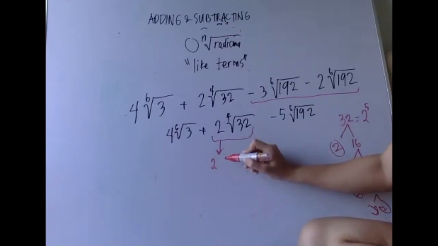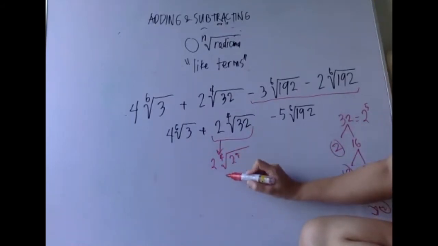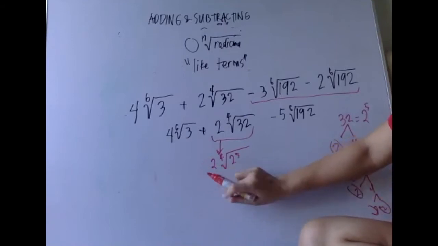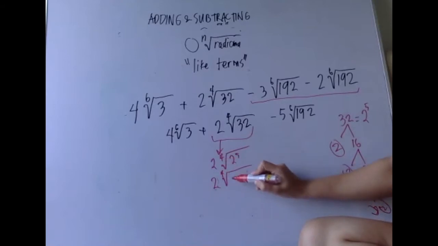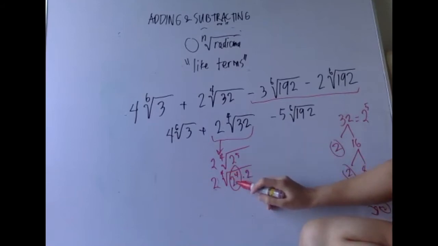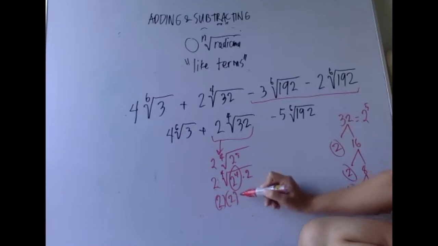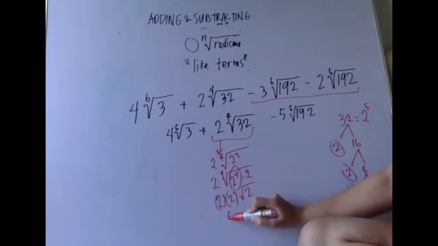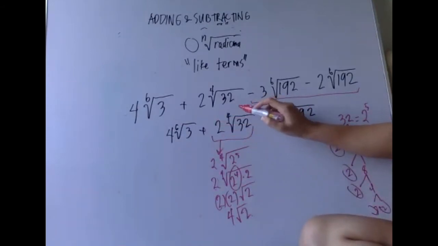So this is equal to 2, 4th root of 2 raised to 5. Yung 2 raised to 5, pwede mo siyang i-distribute into 2 raised to 4 times 2, since 4th root. So ito, pwede mo na siyang ilabas, kasi 4th root ng 2 raised to 4. So you have 2 times 2 4th root of 2, or 4 4th root of 2. So yan yung simplified version nito.